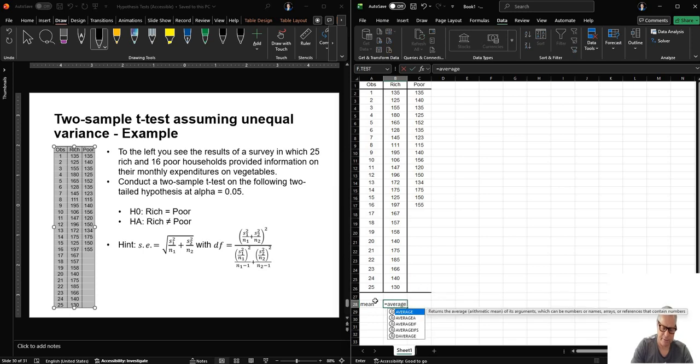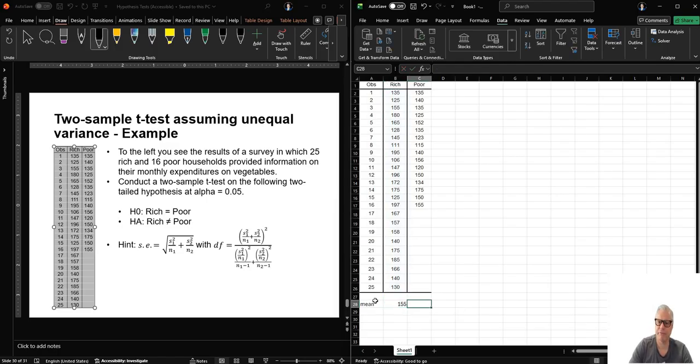So, average. Okay, so the rich spent 155 on vegetables and the poor 140. So it looks like the rich spent more on vegetables.